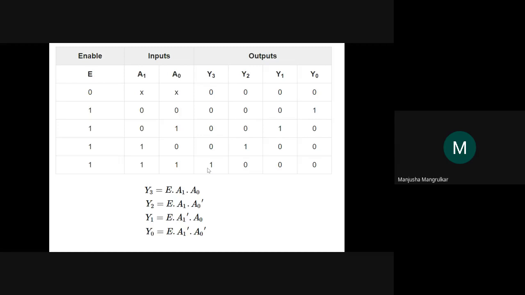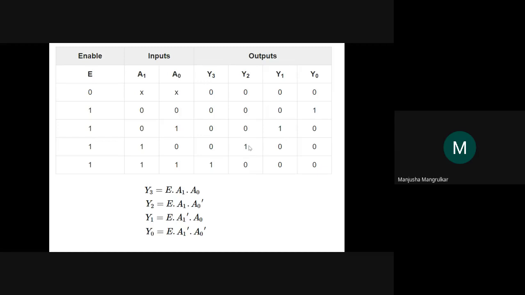Now these are the outputs, so your equations will be in terms of A0, A1 and enable. Y3 is equal to A0 into A1 into E, right?